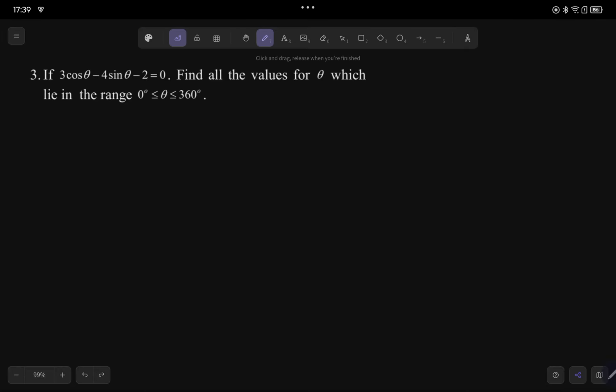This one you can do using t formulae, which we saw in the previous videos. But now I want specifically to use this form of R cos or R sin. Whatever you will choose to use is what I will use also.